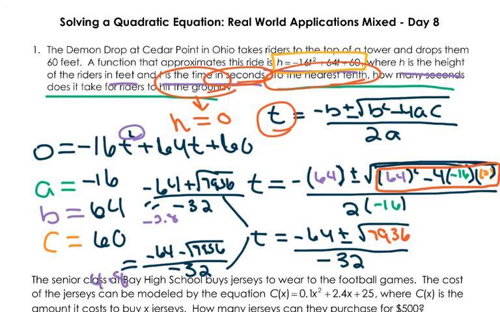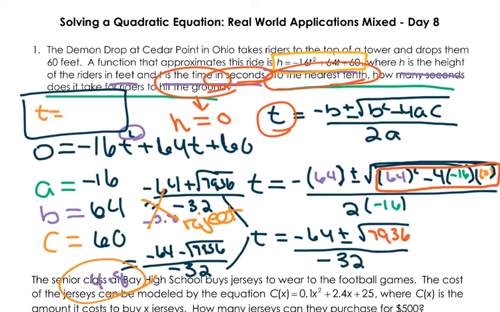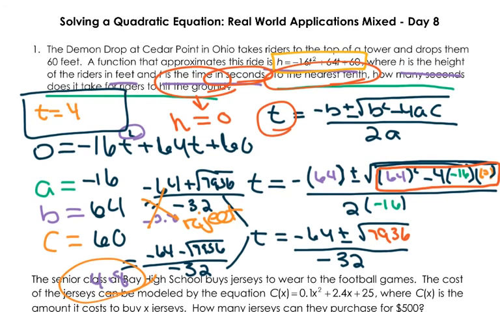It does not, so we reject this answer. And we're going to say 4.8. That's our answer. If I had an answer box, I could write t equals 4.8 seconds. Okay, thank you.